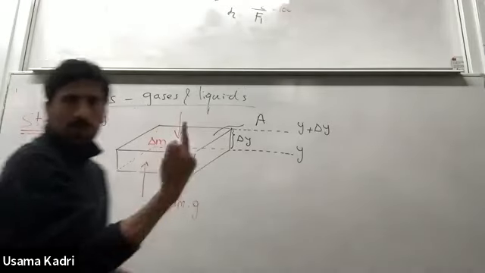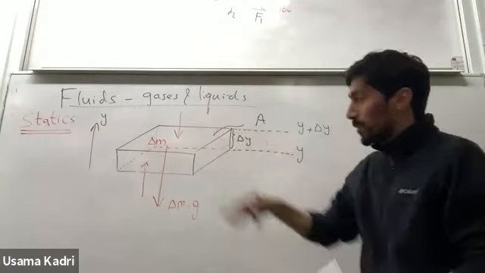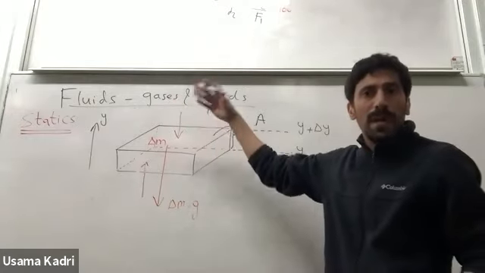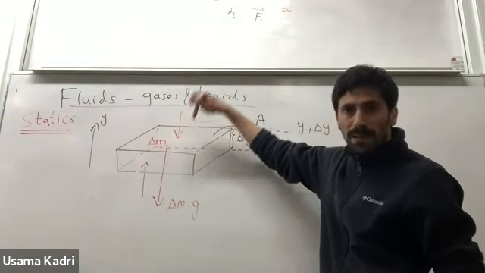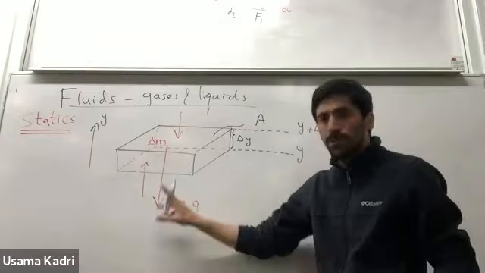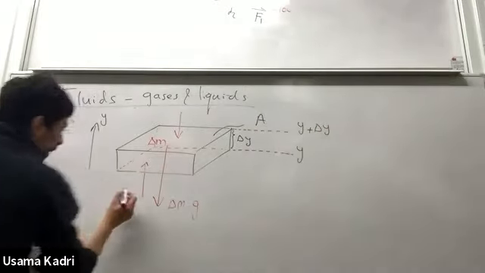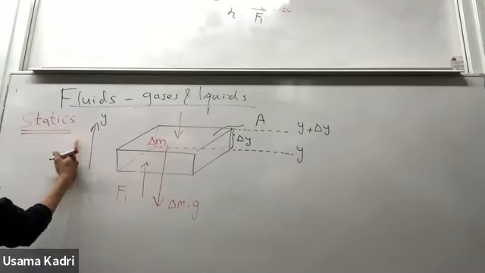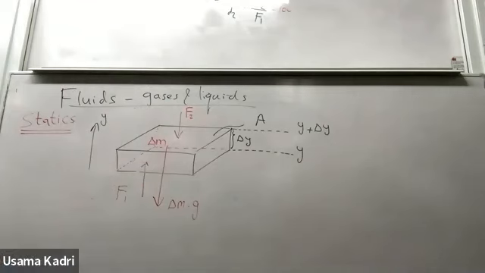So you have a force from the bottom and a force from the top. You can think about that force as coming from the other fluid elements, right? There's another fluid element here, and that fluid element is applying a force at the top part, and the lower fluid element is applying a force on the bottom part here. Let's call this just F1, it's in the direction of y, and this is F2, which is in the opposite direction.